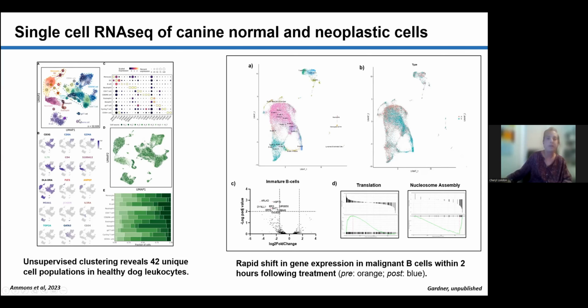And in this set of data over here, we were able to begin to explore what happens after you treat a dog with lymphoma with an immunotherapy within the first 2 hours. And so this is the baseline single-cell sequencing here. And you can see this sort of rapid shift within 2 hours of treatment with an immunotherapy that really translates to this sort of loss of immature B cells, changes in translation and nucleosome assembly gene set.